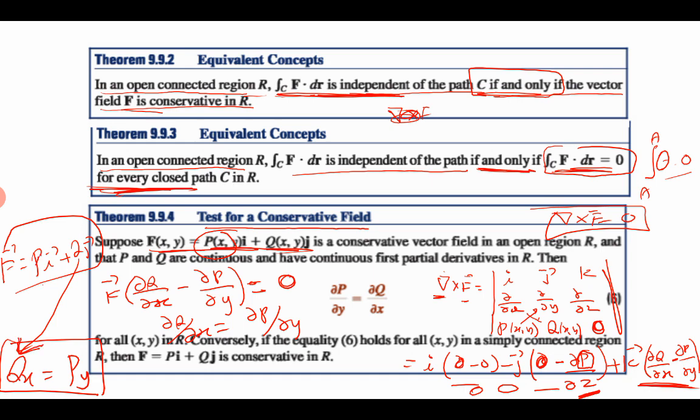Take P with respect to y, that is Py. If they are equal, we can say the F vector is conservative. That is what is given here: dou P by dou y is equal to dou Q by dou x, otherwise Qx is equal to Py or Py is equal to Qx, isn't it? This is the meaning of theorem 9.9.4.